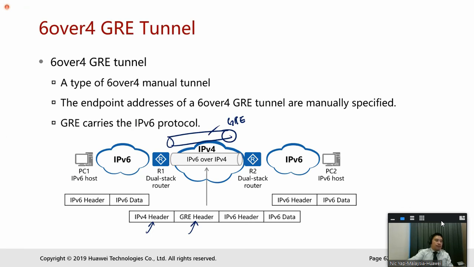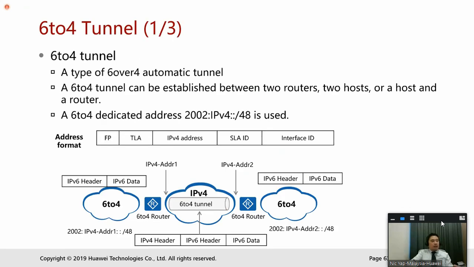Automatic tunnels. 6/4 tunnels, a type of automatic tunnel. A 6/4 tunnel can be established between two routers, two hosts, or a host to a router. A 6/4 dedicated address has a specific prefix starting from 2002 colon IPv4 colon 48.